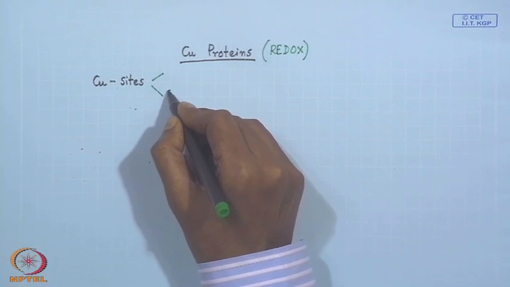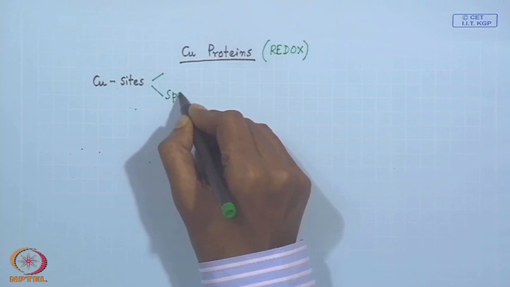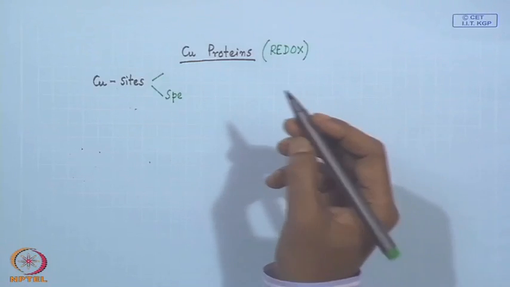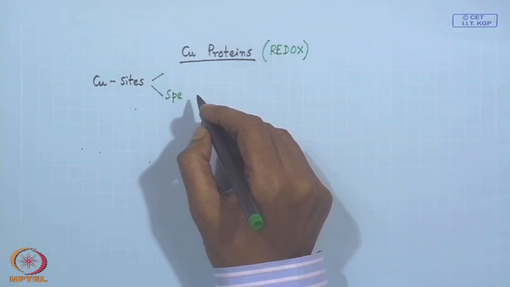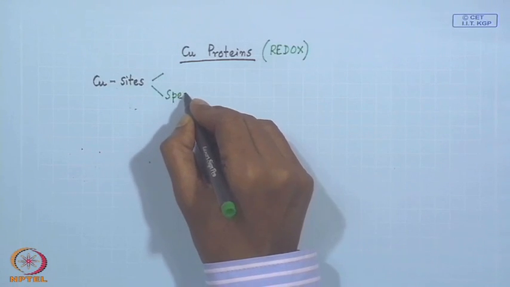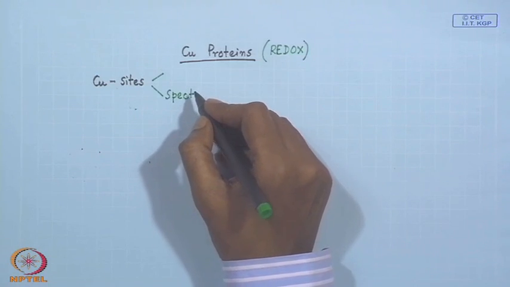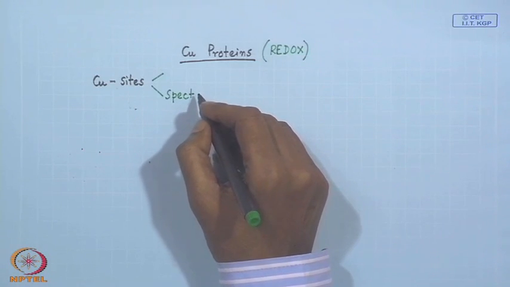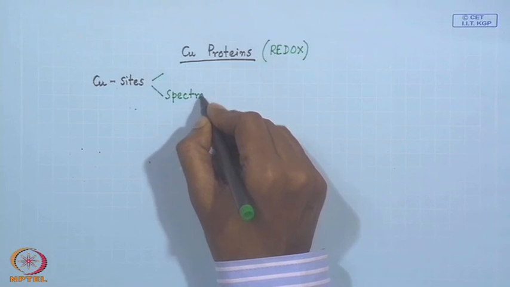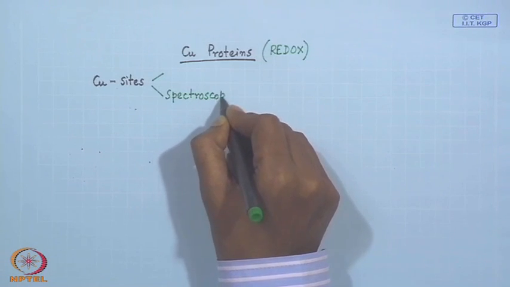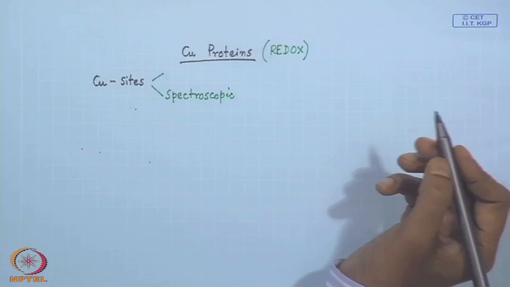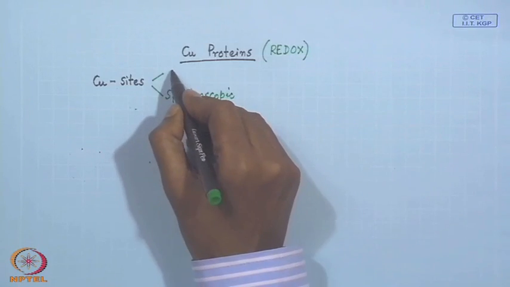So, spectroscopic characterization tells us which one is a copper 1 site, which one is a copper 2 site and which one is a copper 3 site. That can be known if we study in detail the spectroscopic features. So, characterizations of these copper sites are of two types.